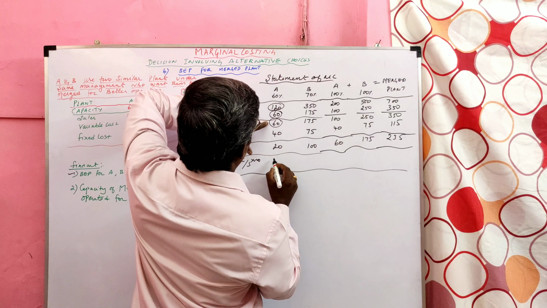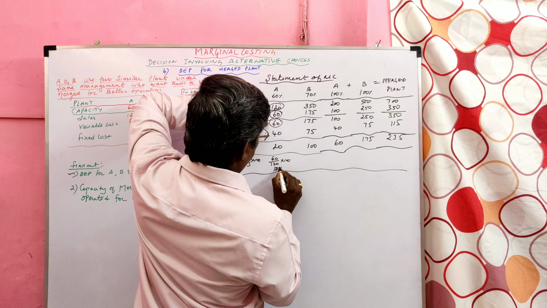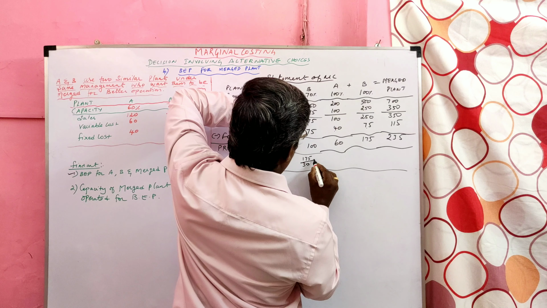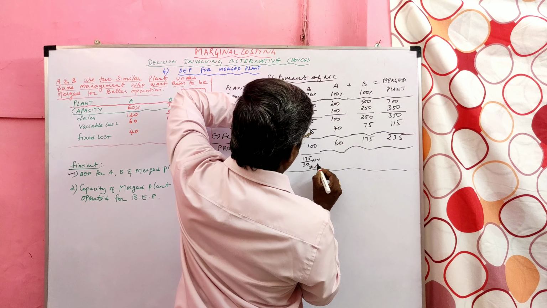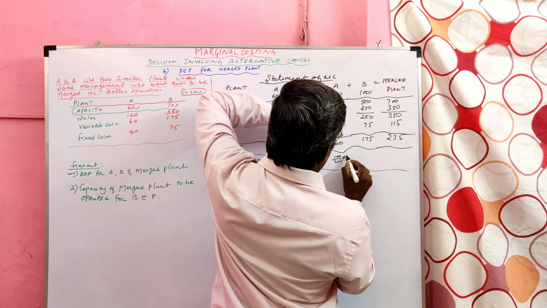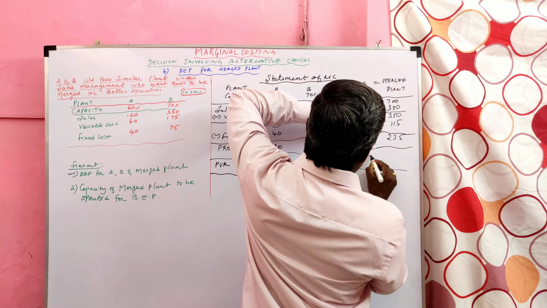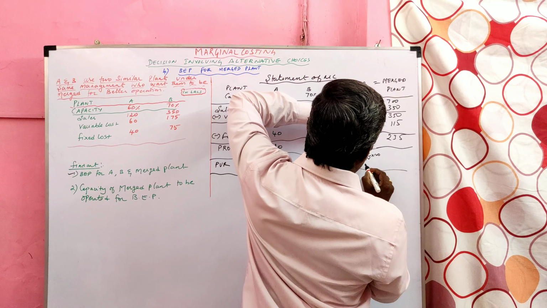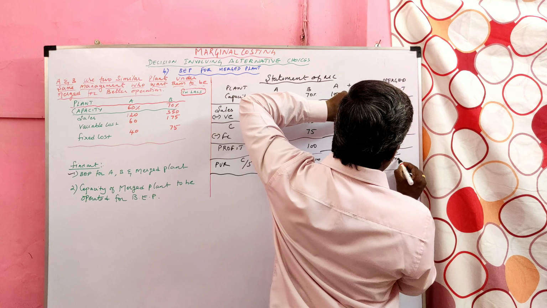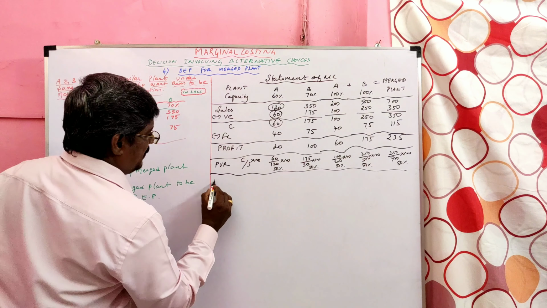Contribution 60, sales 120 into 100, 50%. 175 divided by 350 into 100, this is also 50%. 100 divided by 200 into 100, then 250 divided by 500 into 100, 50%. Then 350 divided by 700 into 100, this is also 50%.